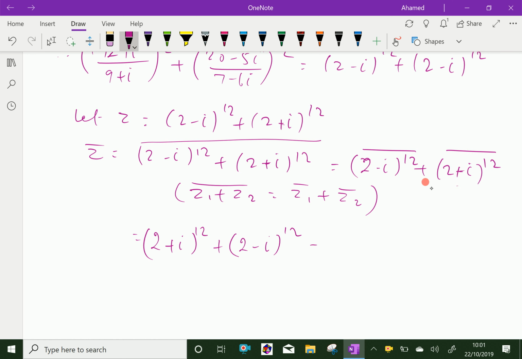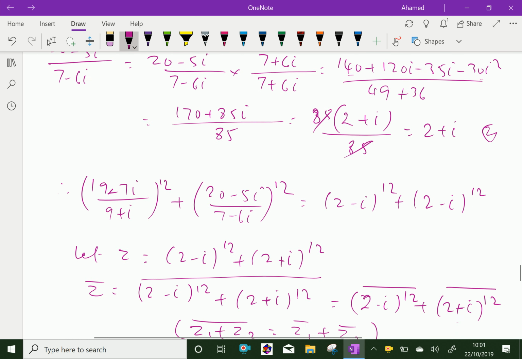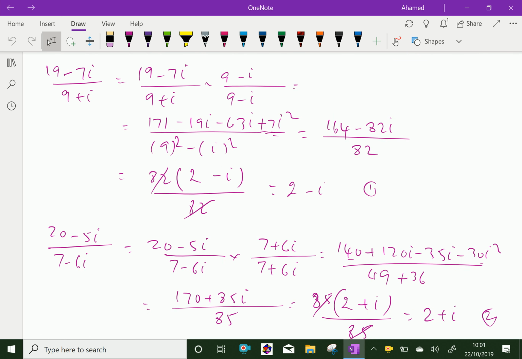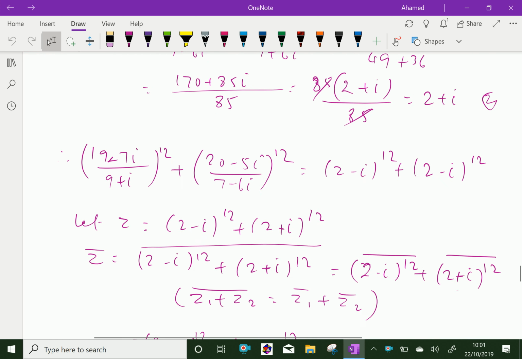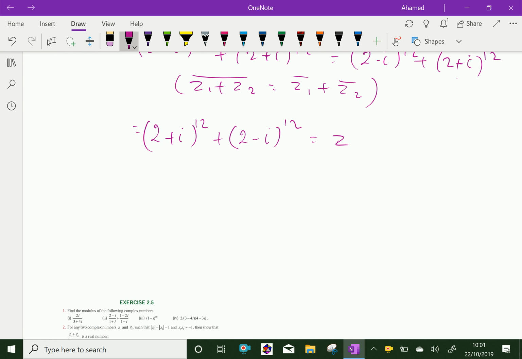Here we have therefore z bar is z. When a complex number is equal to its conjugate, then we can say z is purely real.